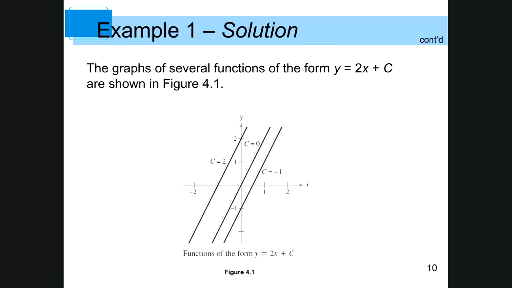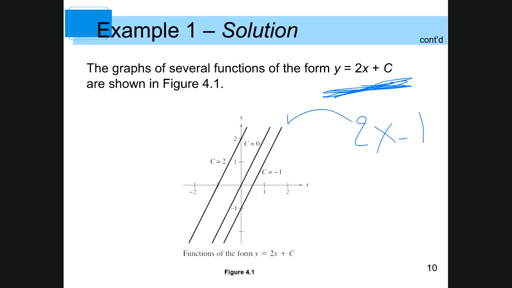And if you want to graph the antiderivatives, they look like this. If you can see here, 2x is the one that crosses 0. Now with the constant minus 1, 2x minus 1 is this.